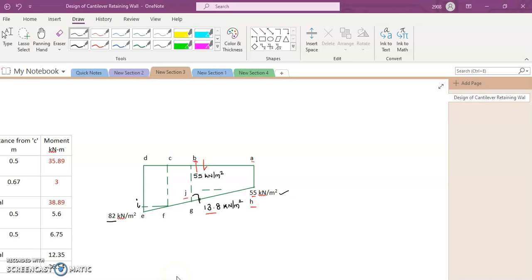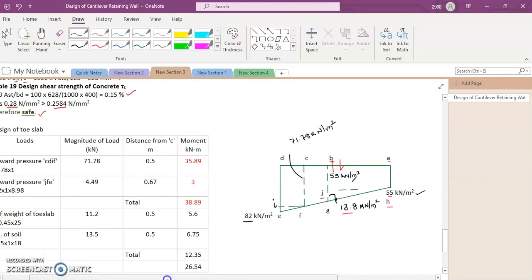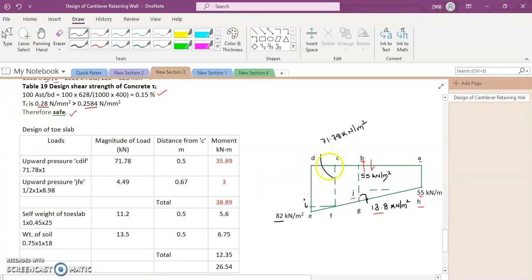CF works out to be 71.78 kilonewton per meter square. Also we know that the width of the toe slab is 1 meter, so the area of that rectangle is 1 meter into 71.78. Magnitude of load is 71.78.